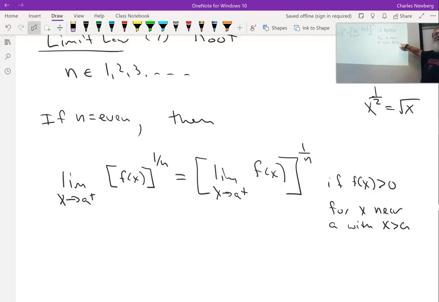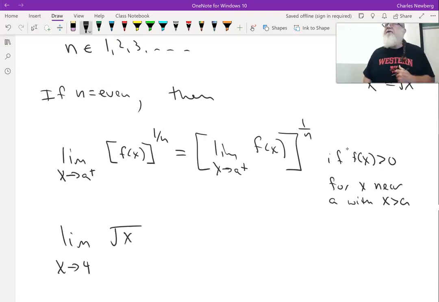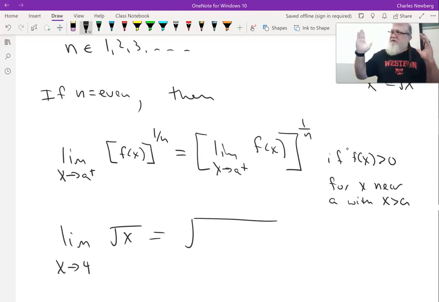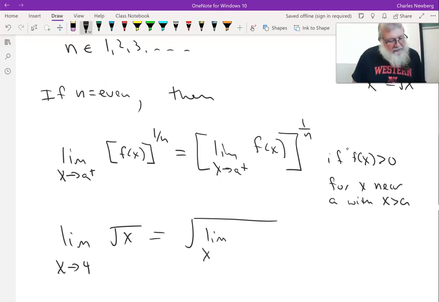Okay? So what this says is, hey, if we're doing the limit as x approaches, let's say 4, of the square root of x, you can take the square root outside. So here's your radicals, Tristan. That's a radical. I may look radical, but that's a different use of radical. This becomes the square root of the limit as x approaches 4 of x.